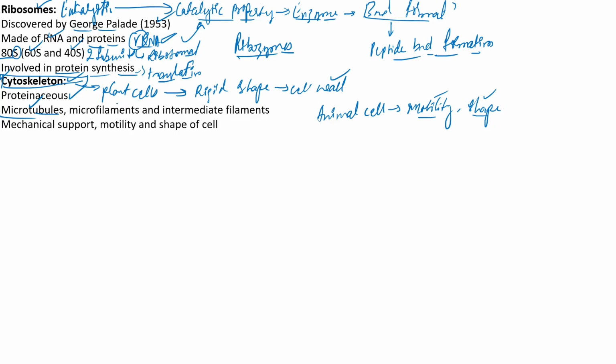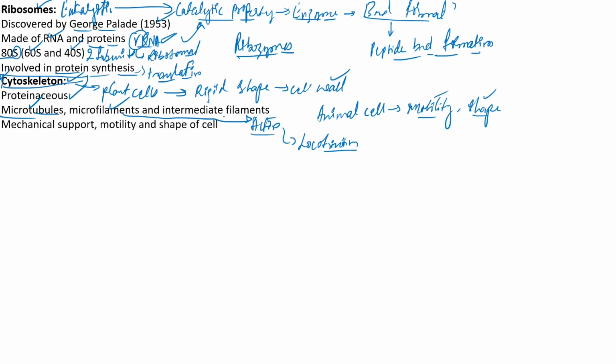And the next one is the microfilaments. Microfilaments are none other than the actin filaments. Try to recall where you have heard of actin. If I'm not wrong, you have heard about actin in the locomotion chapter, human physiology, in the sliding filament theory, right?